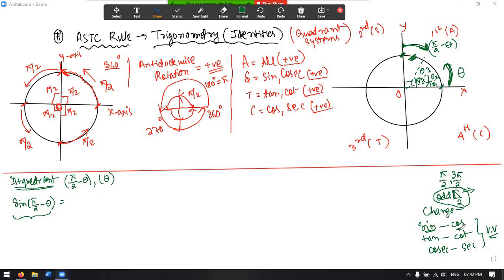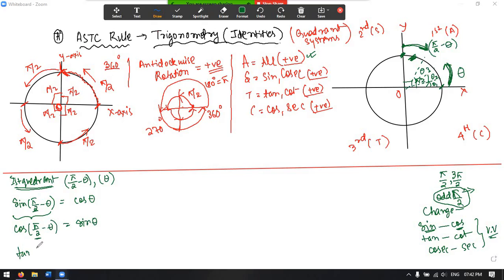So sine will change to cos, and as all trigonometric ratios are positive here, simply write cos theta. Similarly, cos pi by 2 minus theta, odd pi by 2, so cos will change to sine, so it will be sine theta.